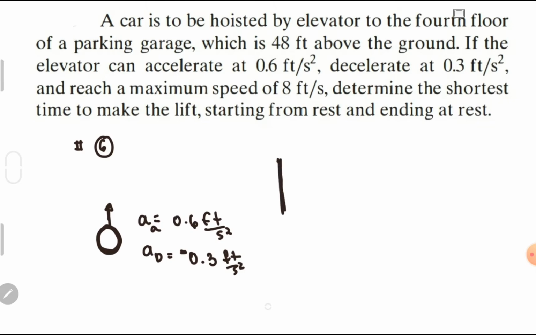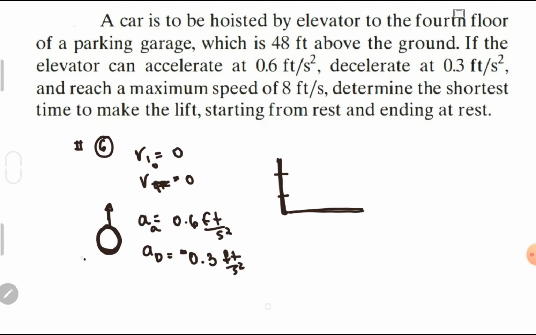If you would put this into its graph, take note that at 0 seconds, we have rest. It is at rest. Therefore VI at 0 seconds is 0. And also your V at TF, or the final velocity, VF is equal to 0.